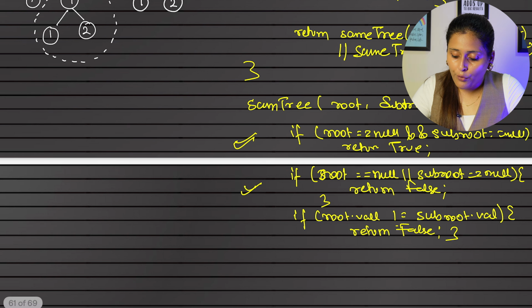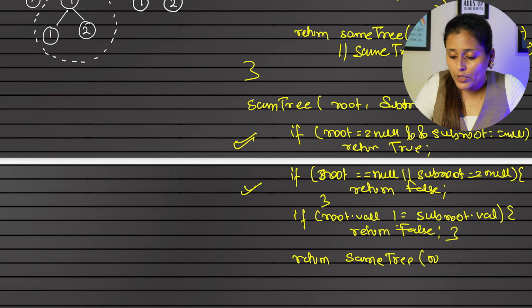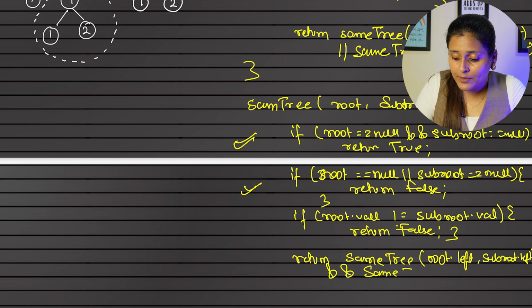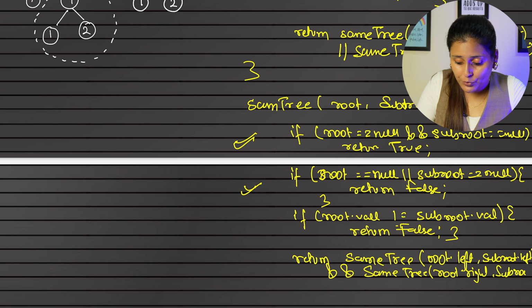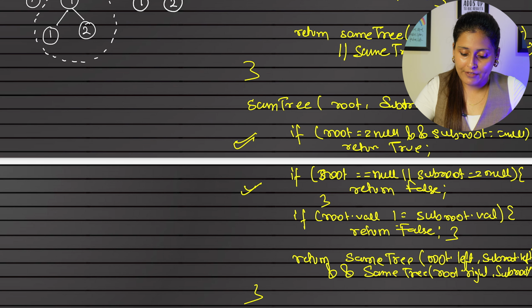So we will return true only when the same tree check function with root dot left and subroot dot left returns true, and along with that, the same tree function for root dot right and subroot dot right also returns true. Why did we say this?